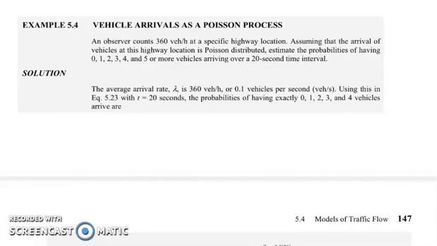So for this one, our average arrival rate lambda is 360 vehicles per hour, or 0.1 vehicles per second.